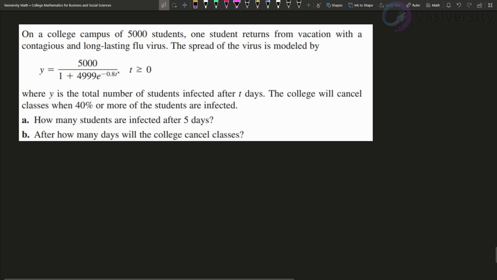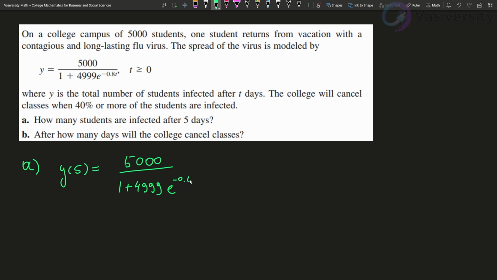Essentially, after 5 days, we just want to plug in. So for part A, we want y of 5, which is equal to 5,000 over 1 plus 4,999 e to the negative 0.8 times 5.